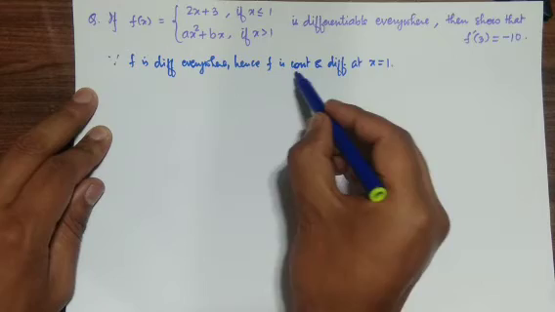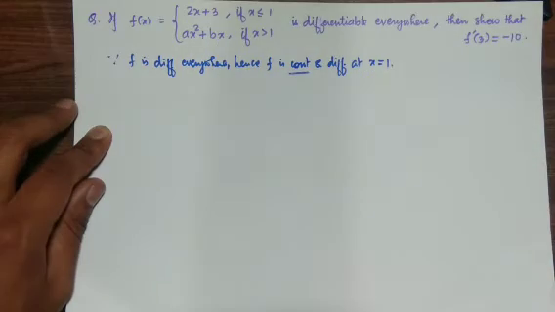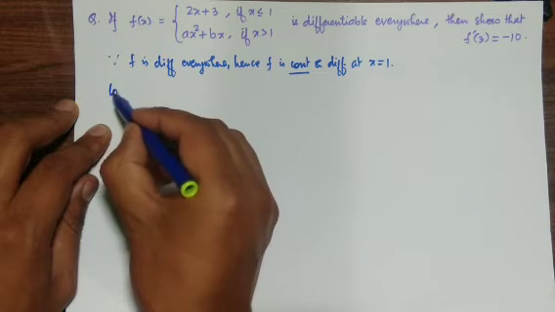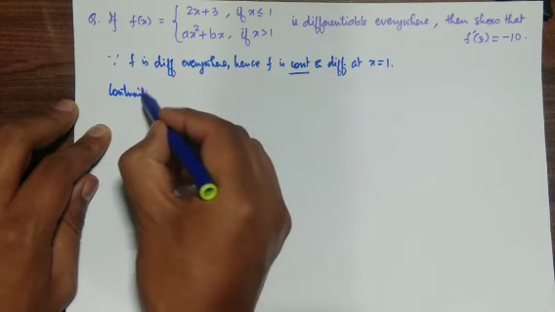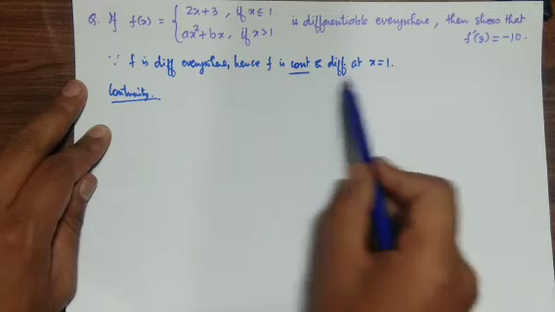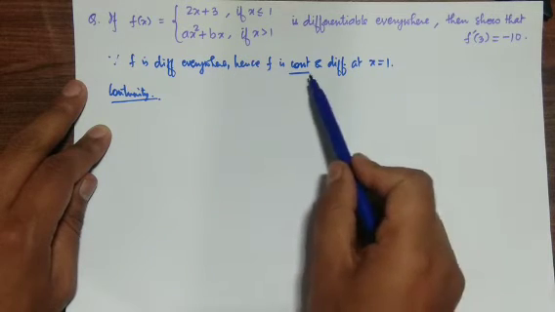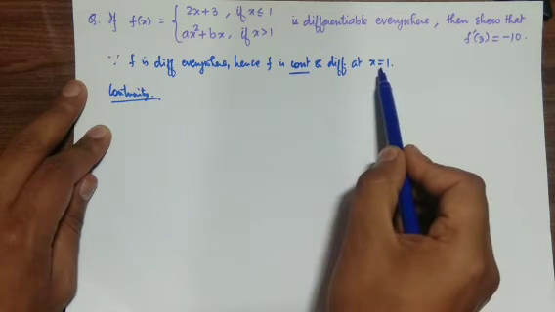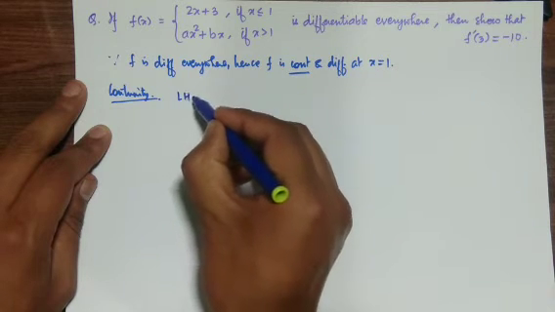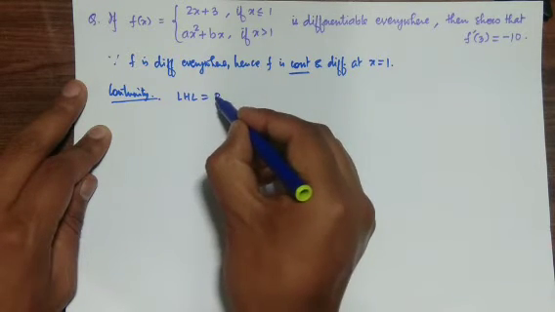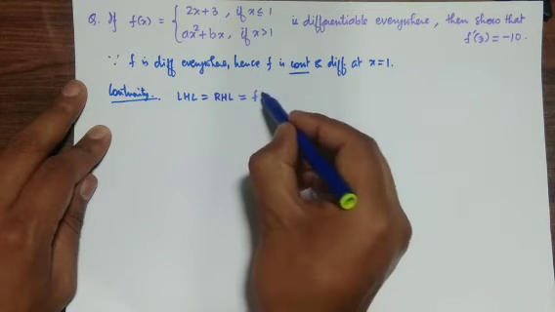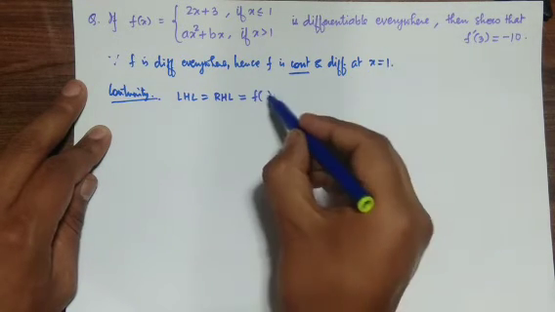So let us check continuity first. Since the function is continuous at x equals 1, I can say left hand limit is equal to right hand limit, and this is equal to the functional value at x equals 1.